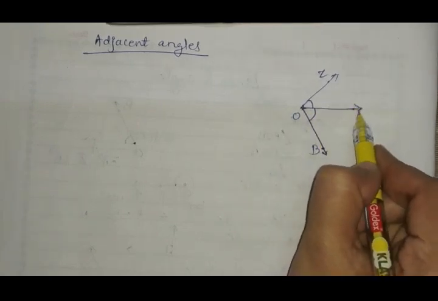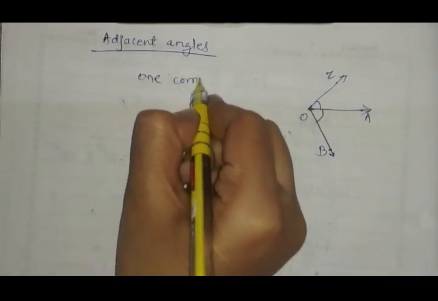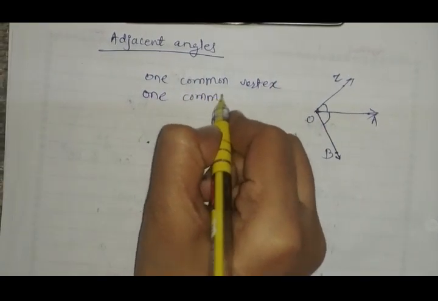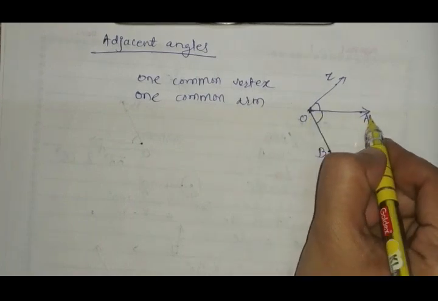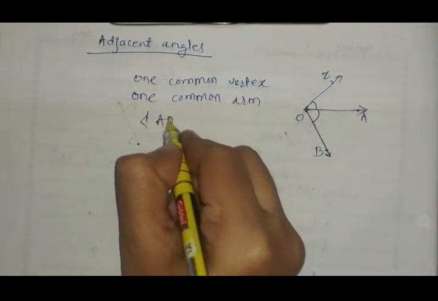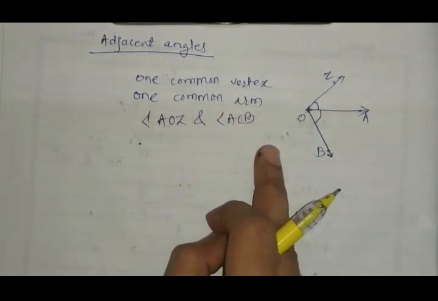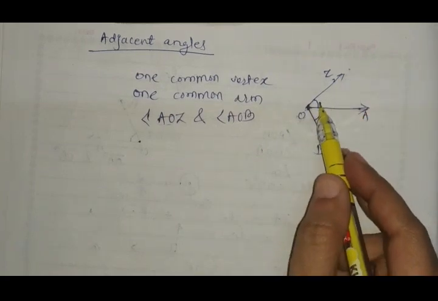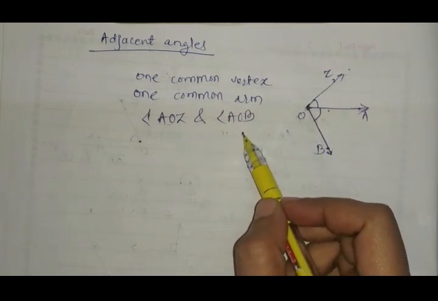Such angles we call adjacent angles: one common vertex and one common arm. Here the common vertex is O and the common ray is OA. Here we have angle AOZ and angle AOB. These are a pair of adjacent angles, and the other arms lie on opposite sides of this common arm. So these are adjacent angles.